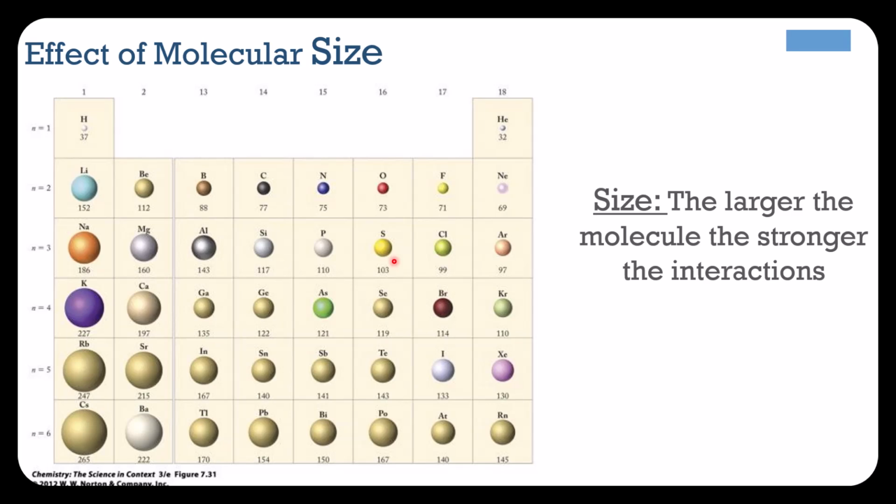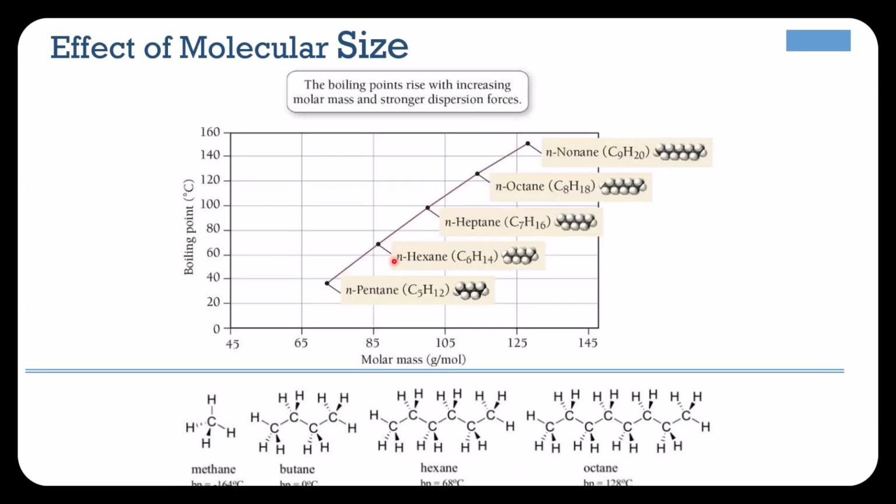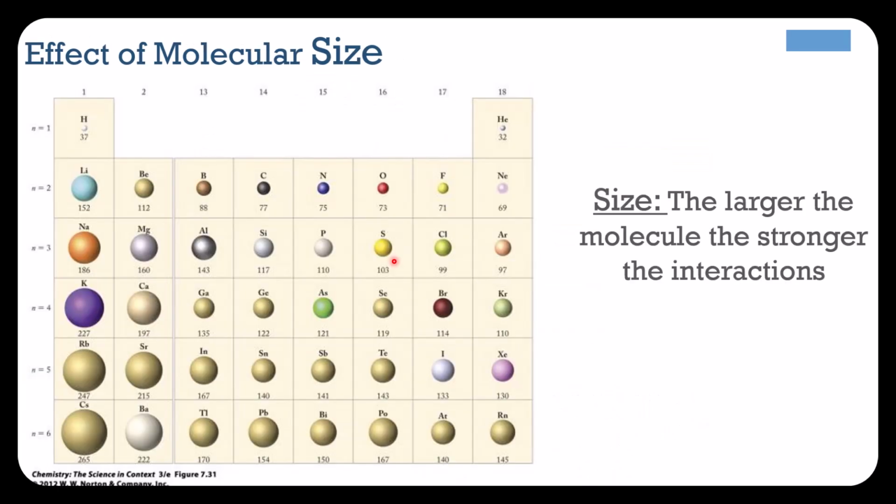Now, we just said that the bigger the molecule, the stronger their interaction is going to be. Well, how do we determine if a molecule is bigger or smaller? We use molecular mass, okay? So if we're trying to compare two different molecules, we can add up the weight of all of the atoms that are present.